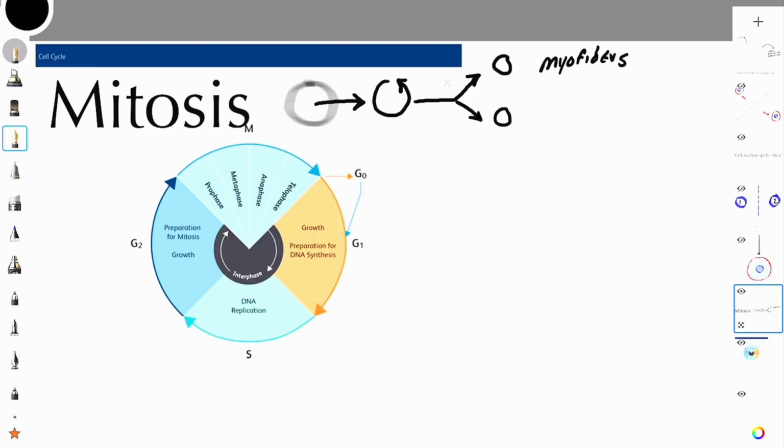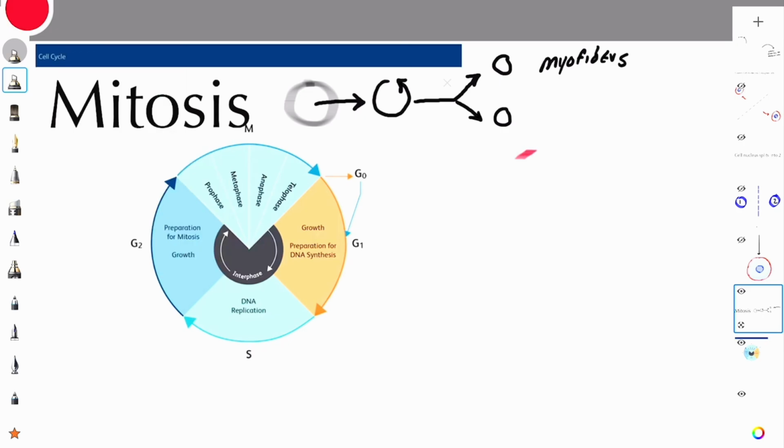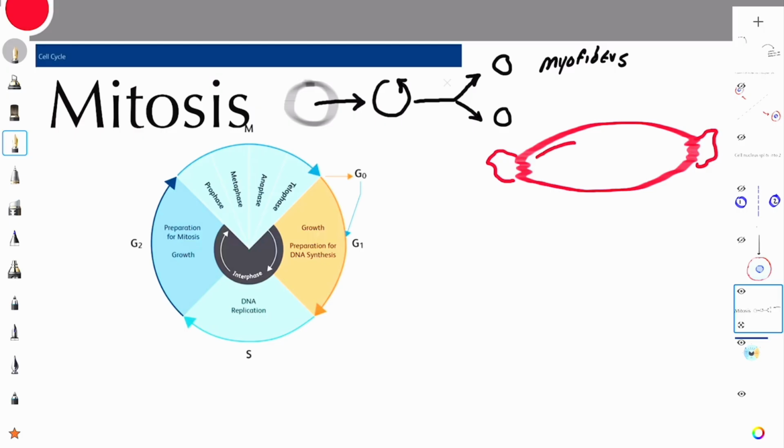So let's say we were in our 20s and we had skeletal muscle, and maybe you're aware of somebody that has experienced something like this, unfortunately. Let's say somebody was on a motorcycle and they got into a motorcycle accident.